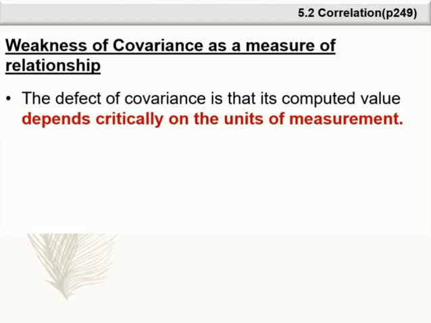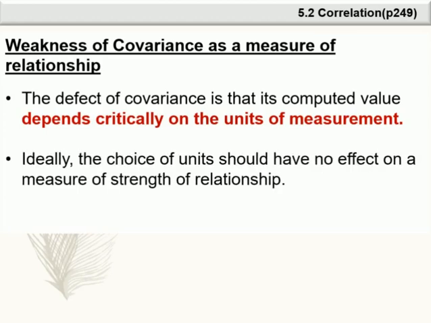Covariance isn't bounded. It can take absolutely any value from minus infinity to infinity. So it doesn't provide a very good measure. You can't compare covariances. It's not standardized. And ideally, we don't want units to have an effect on the measure of the strength of that relationship.